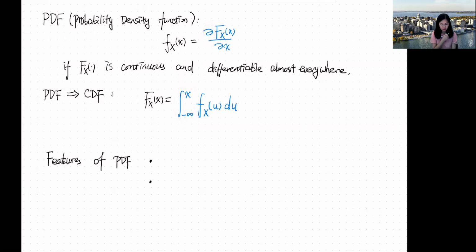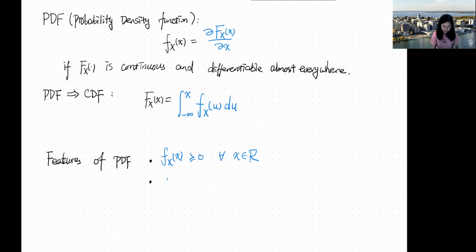By definition, the probability density function also has some features. A probability density function cannot be negative. This is simply because it is the first derivative of a weakly increasing function.